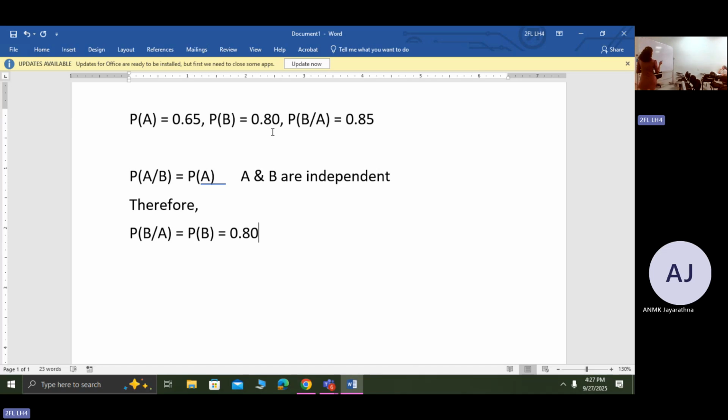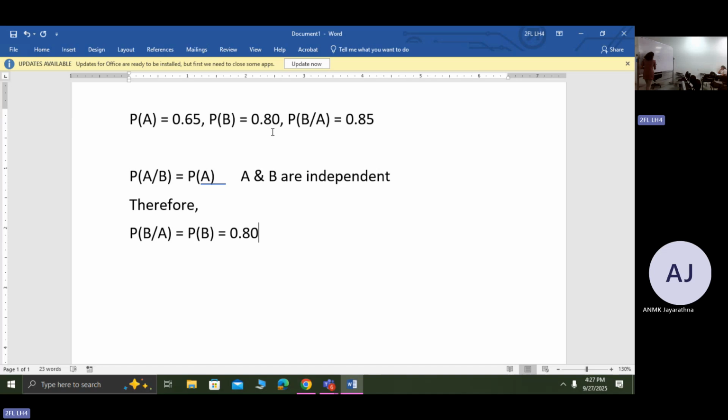We multiply along the branches. Then the probability of D is equal to: first, produced by machine A and defective, we multiply these two together, which means intersection.